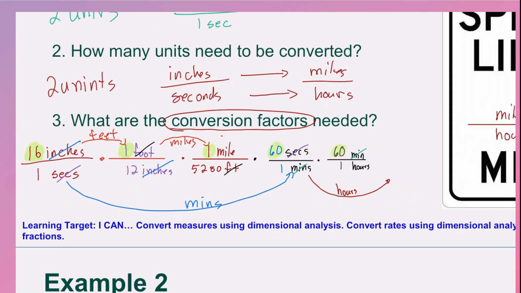We're just going to multiply straight across. And then same idea on the bottom: 1 times 12 times 5,280 times 1 times 1. Now, I don't need to write the ones. So really, I'm just doing 16 times 60 times 60 on top, and on the bottom, 12 times 5,280. Multiplying by 1 doesn't change anything.